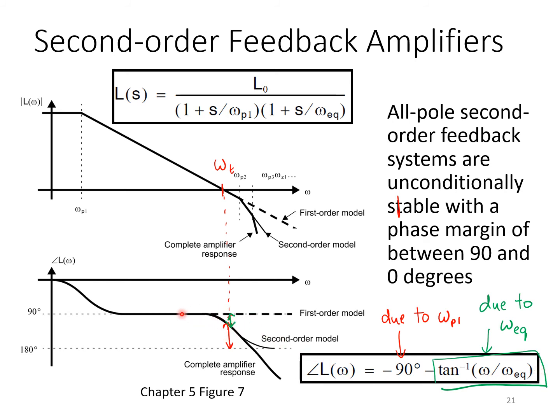Really, it's an expression for the phase of L evaluated at all frequencies that are far above the low frequency pole. So again, this expression is valid for omegas greater than omega P1. So therefore, we just assume that the phase due to omega P1 is minus 90. But by evaluating this expression at omega T, we're going to be able to relate the phase margin to omega EQ.